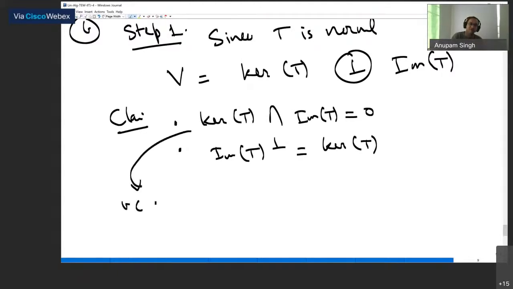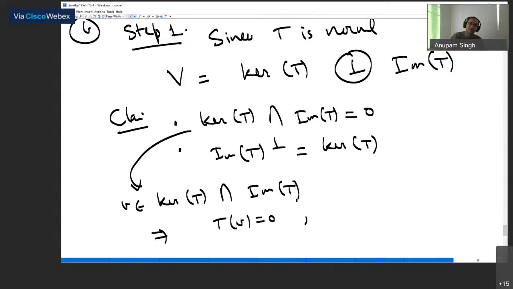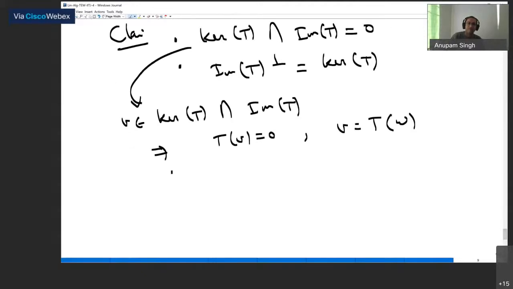Suppose I have vector v which is in kernel of T intersection image of T. That means T of v is 0 on one hand, and v is in the image of T, so v is also T of some other vector, let's say w, right? But this together will imply that norm of T of v is 0, because T of v is 0.